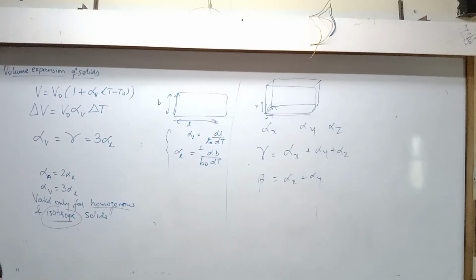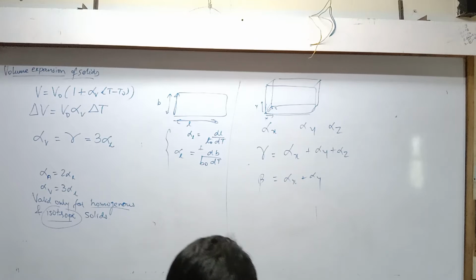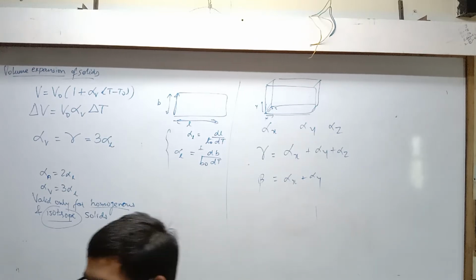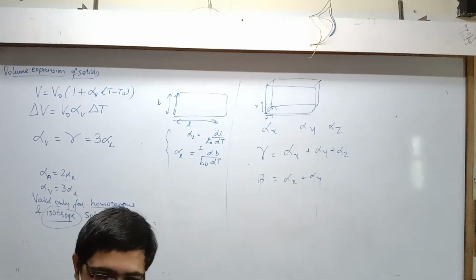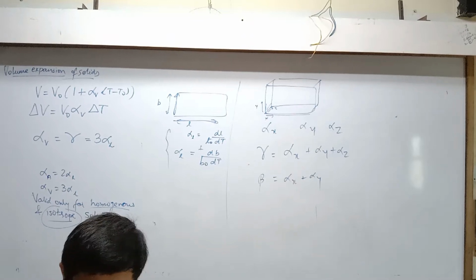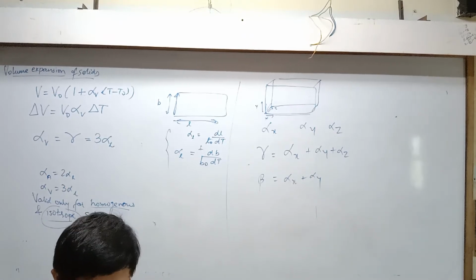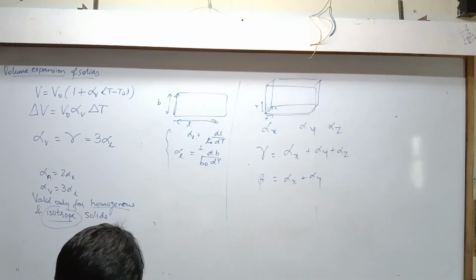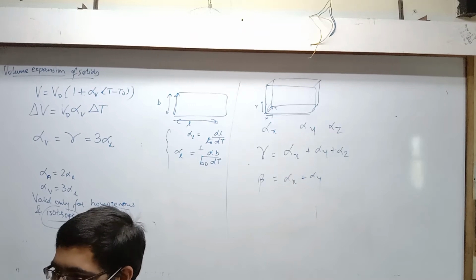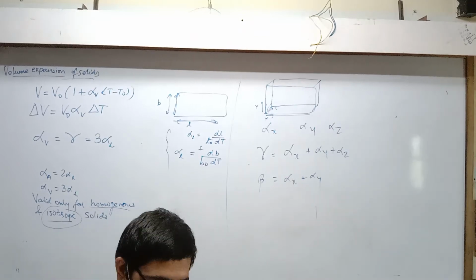So that's about volume expansion. Again, all this we have discussed so far for which objects? Solids. Gases are entirely different, you know, you study that in chemistry. Okay. So I don't think there are any more examples related to this. Yes, let's solve question 8 from exercise.